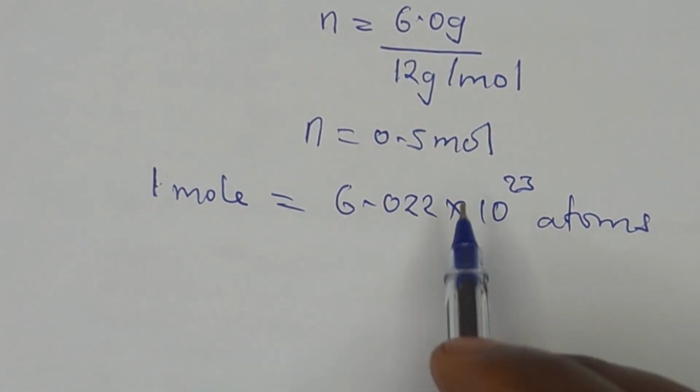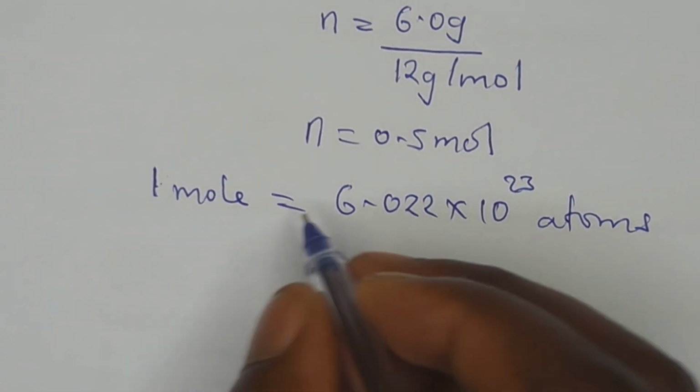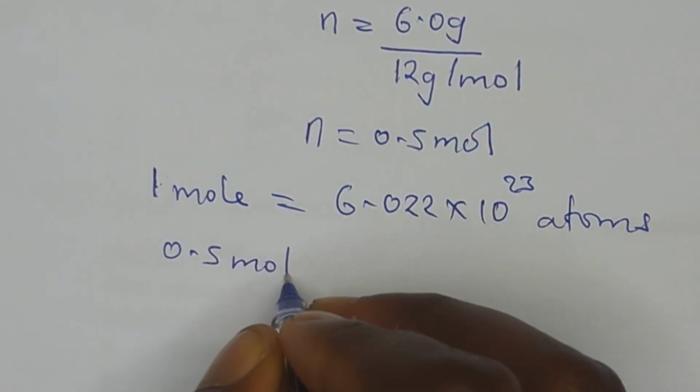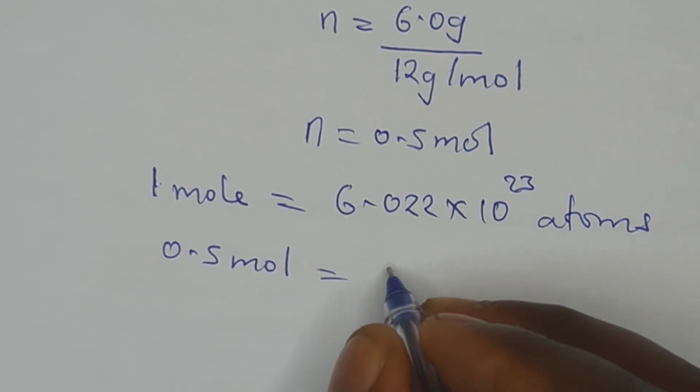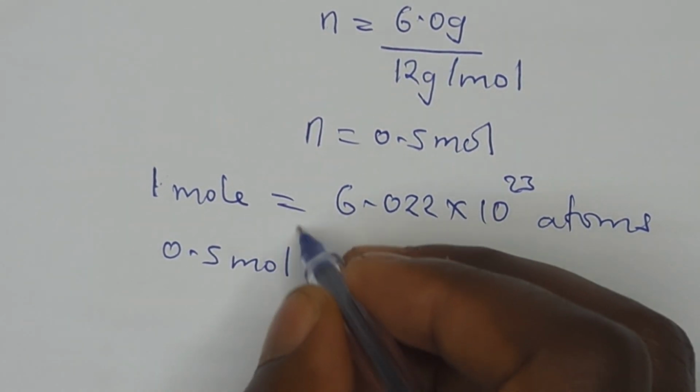So if 1 mole is equivalent to this number of atoms, how about 0.5 mole? This one here we don't know, so we put an X and cross multiply.